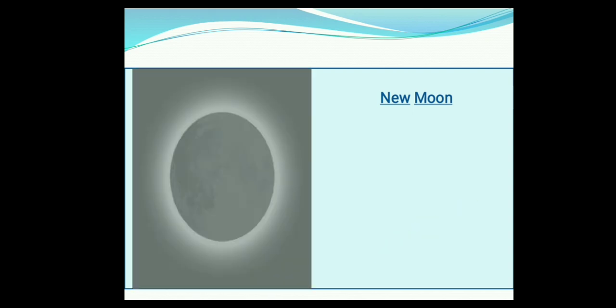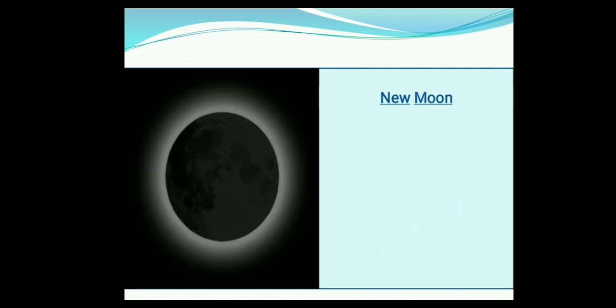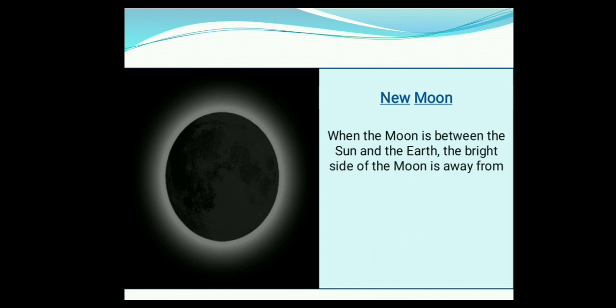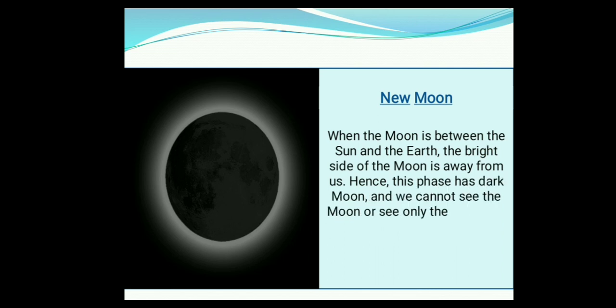The cycle of a new phase begins with the new moon. You can see the diagram of the new moon here. When the moon is between the sun and the earth, the bright side of the moon is away from us. Hence, this phase is a dark moon, and we cannot see the moon or see only the outline of the moon.